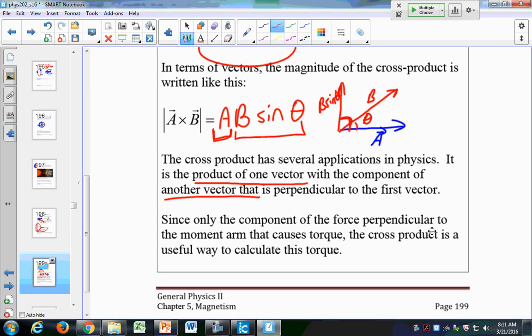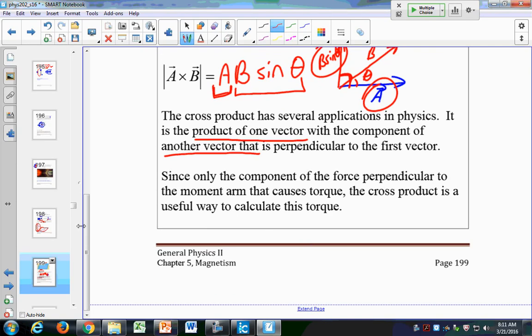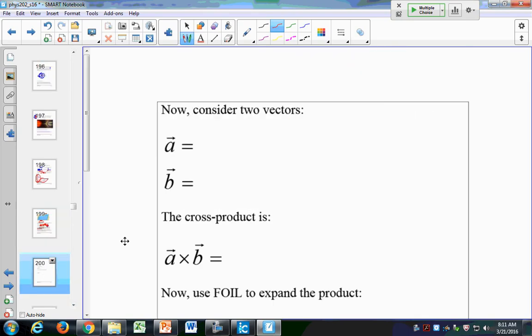And so we're taking the product of this vector with this vector that are perpendicular to one another. We use this for torques, but we'll use it for magnetic fields as well.